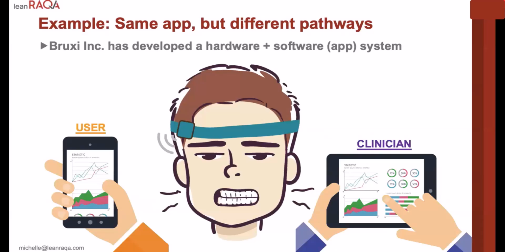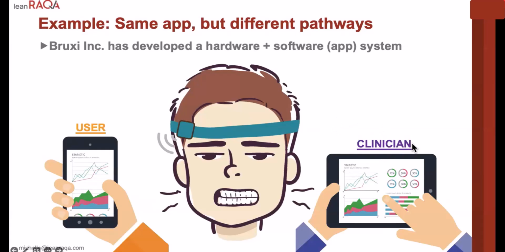And so this company, Bruxy, has developed a hardware and software app system. They have a headband that has a sensor on it and an app. They have one configuration of an app for the user where they can just monitor what their bruxism was over the night.